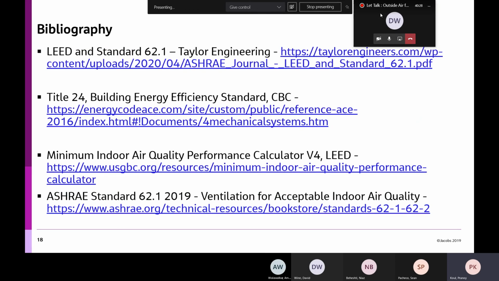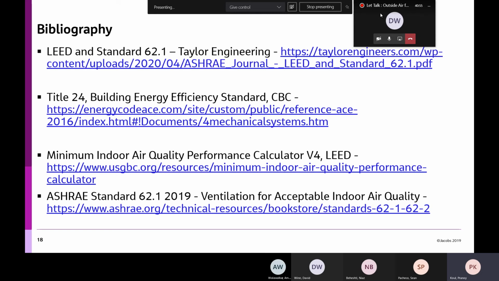Okay, so towards the end of my presentation, I did talk about several key aspects with regards to the scope, definitions, and key terms of ASHRAE 62.1. We also talked about an example of a computer lab where we found out the zone air effectiveness, which is Ez.